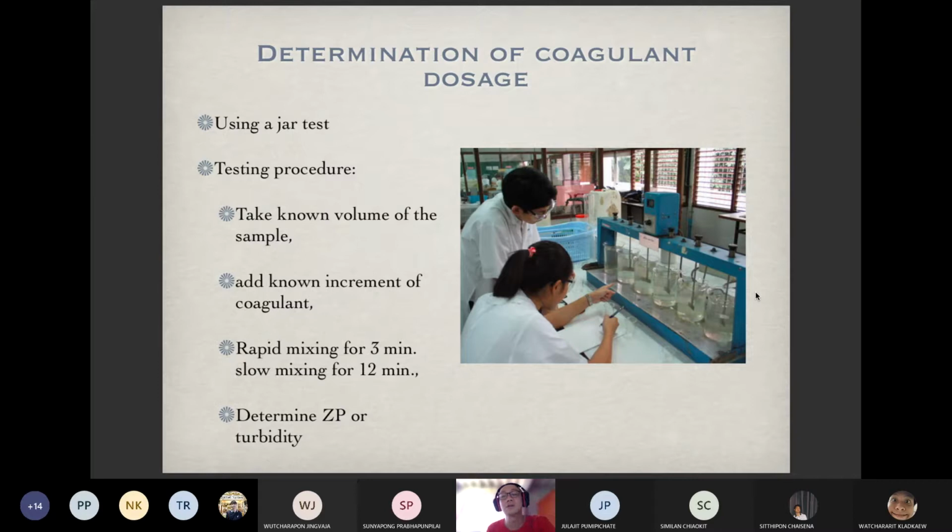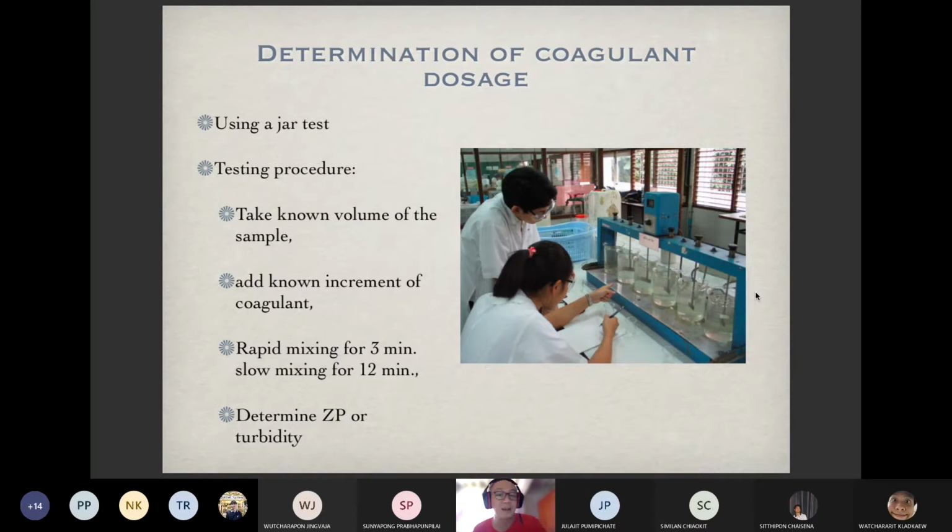Optimum conditions of what? Optimum conditions of the dosage. How much coagulant, how much alum, needs to be added if the turbidity of the water is 30 NTU? But during the dry season, the turbidity may go up to 3000 NTU. In this case, at 3000 NTU, you need a different amount of alum.